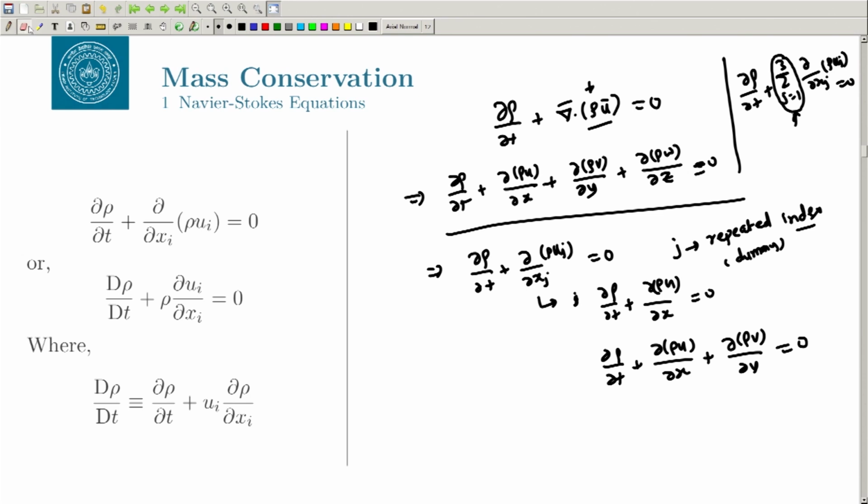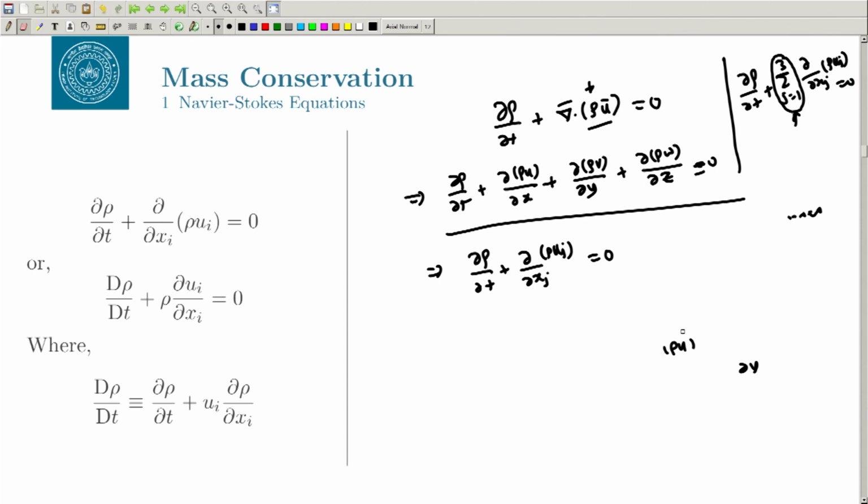So now you can write this expression in many different forms. You can write it as d rho by dt plus u j del rho by del x j plus rho del u j by del x j equal to 0.